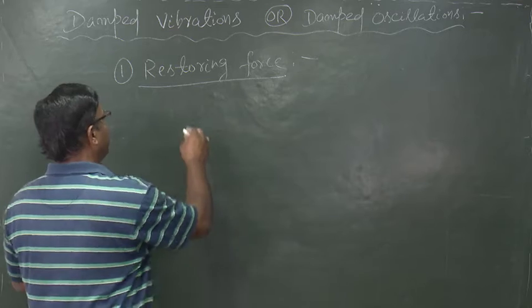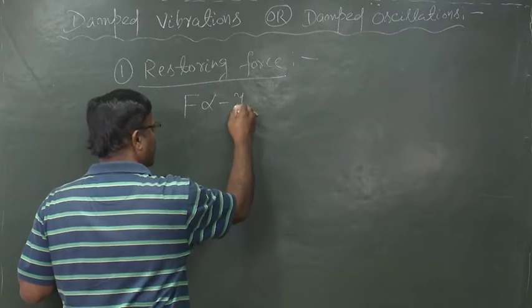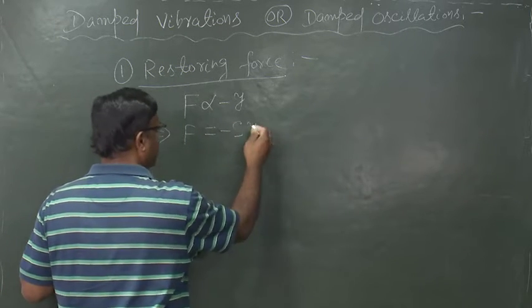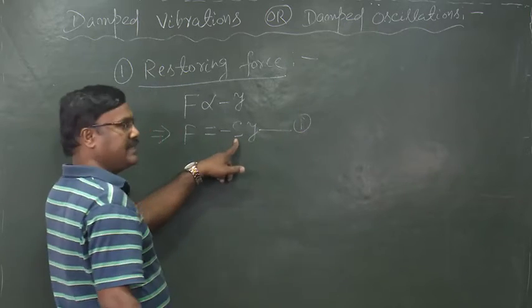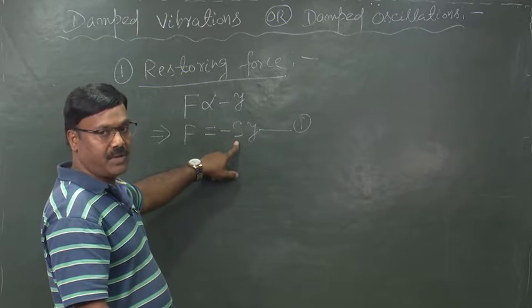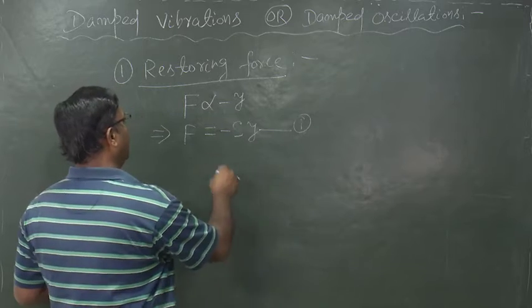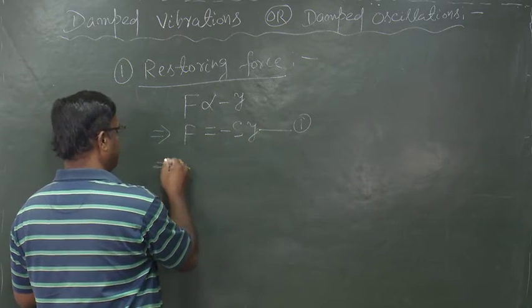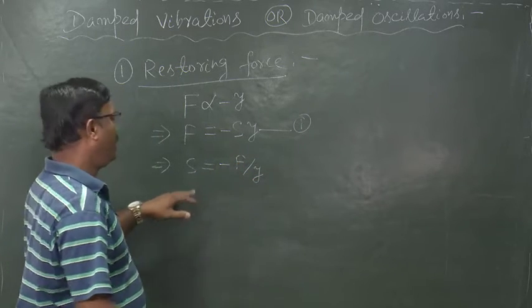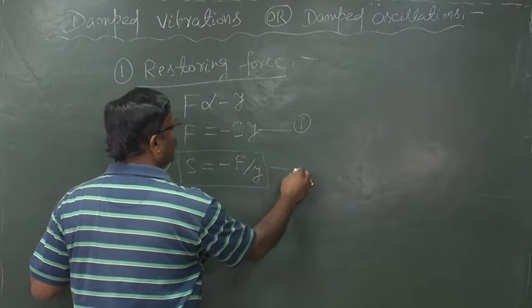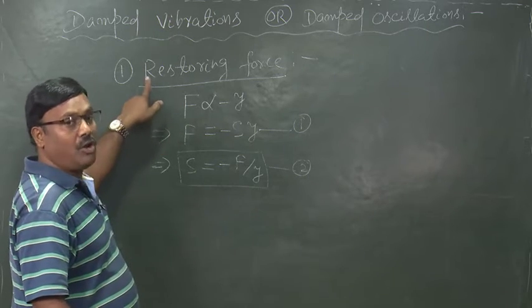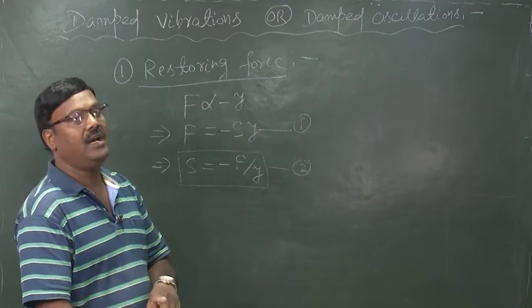Here I am writing F proportional to minus y, which implies F equals minus sy, where s is the proportionality constant, known as the stiffness of the body, which is the force per unit displacement, that is, s is equal to minus F by y.